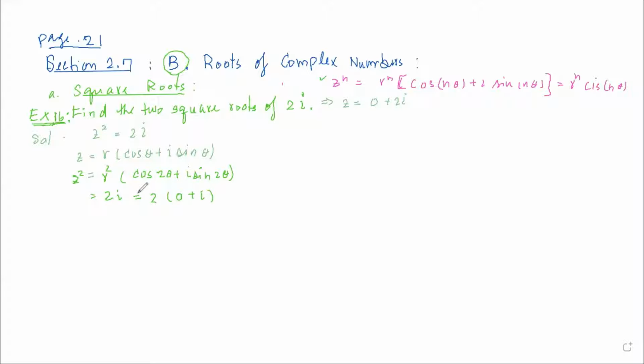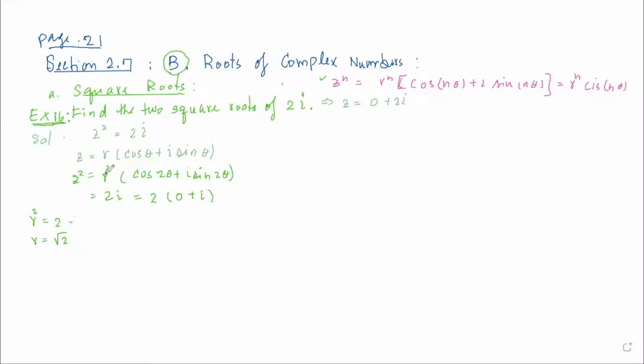We did not change anything in the value of this complex number. From this one, we can apply that r squared equals 2. So r is plus or minus square root 2, but r is a radius, so we don't take the negative. We take only the positive value, square root 2.